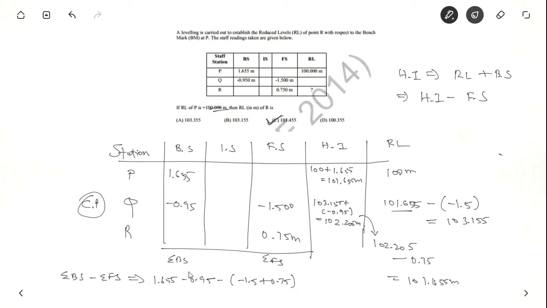This is the sum of foresides and this is the sum of backsides. If you solve this, you will get the answer as 1.455 meters. This should be equal to last reduced level minus first reduced level. Here the last reduced level is 101.455 meters minus 100, which is equal to 1.455 meters. So this value and this value are the same. So whatever process you have done is correct.